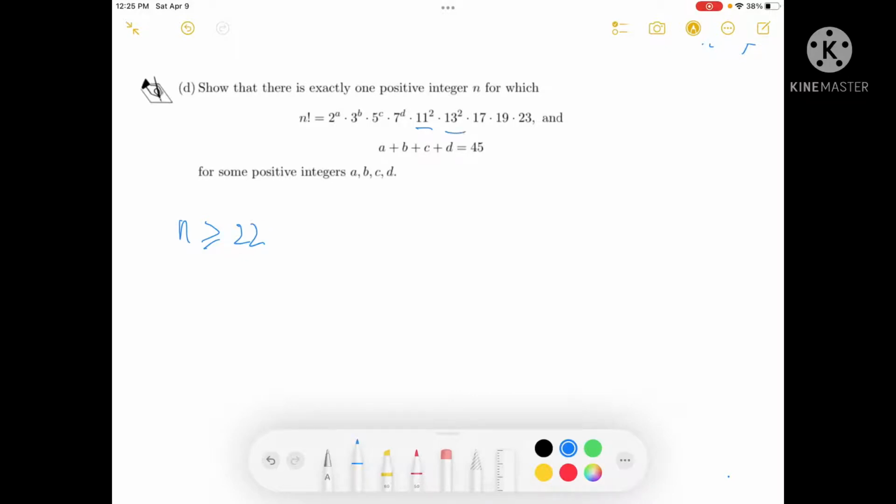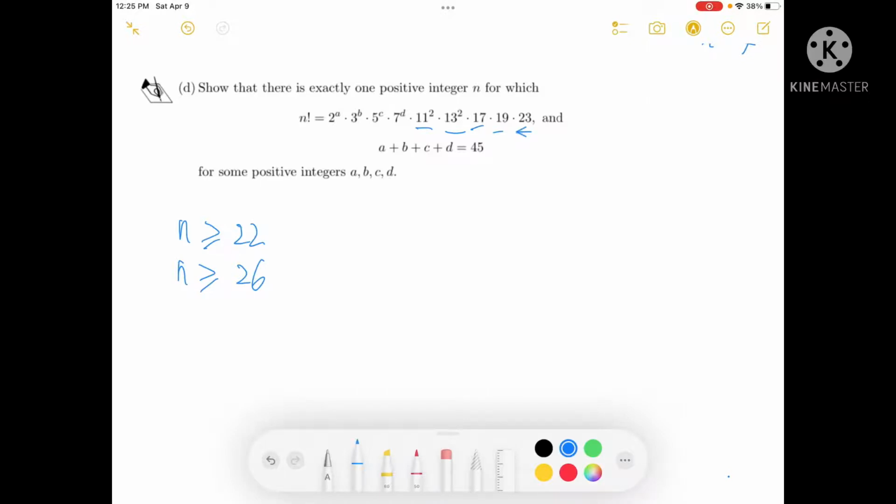But there are also two factors of 13, so n must be greater than or equal to 26, because the first two multiples of 13 are 13 and 26. There is also one multiple of 17, one multiple of 19, and one multiple of 23.